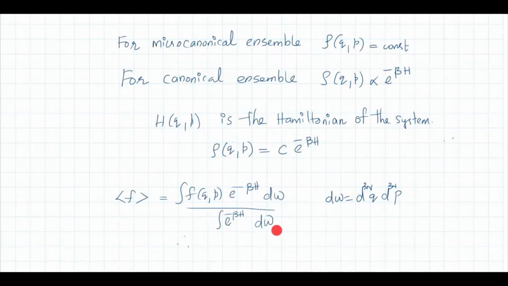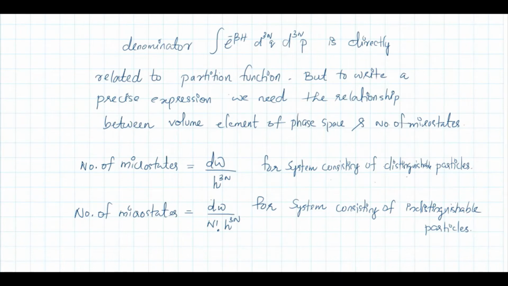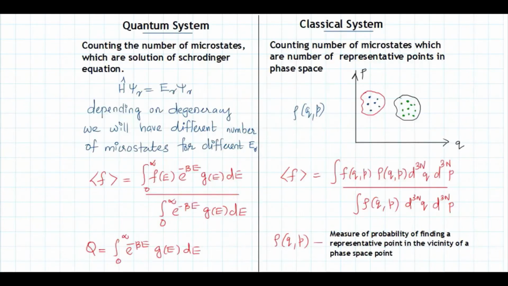The denominator, the integral of e raised to minus beta H d^3N q d^3N p, is directly related to the partition function, because here you can see that these are the two approaches for finding the average value of f. In quantum systems the denominator is the partition function.